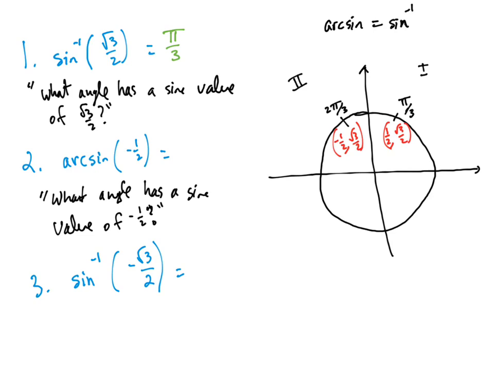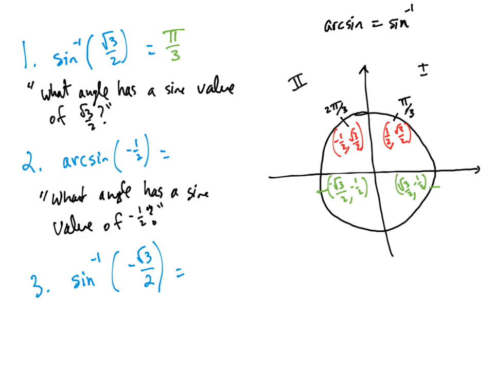Sine is negative in quadrants 3 and 4. It's going to be in these positions. So sine is negative 1/2. These are negative root 3 over 2, comma negative 1/2, and positive root 3 over 2, negative 1/2.